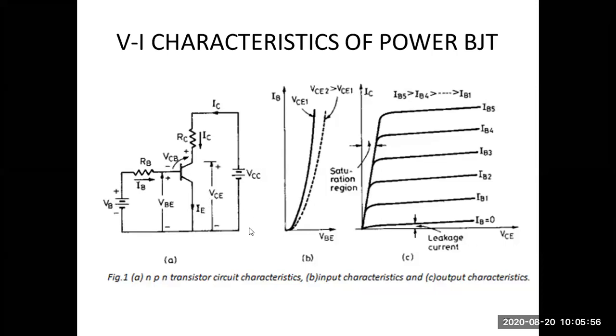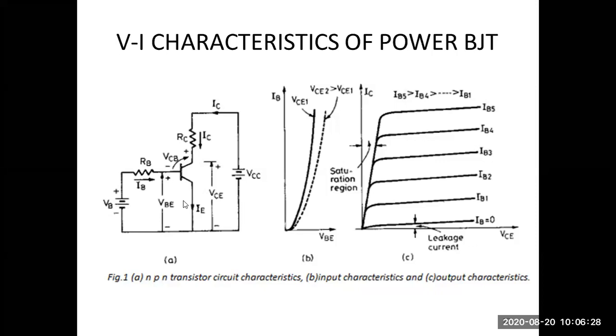Now the nomenclature: VB is the base voltage, IB is the base current, RB is the base resistance. Coming to the collector, RC is the collector resistance, IC is the collector current, and at the emitter terminal, IE is the emitter current. Coming to the voltage, we need to know the performance.